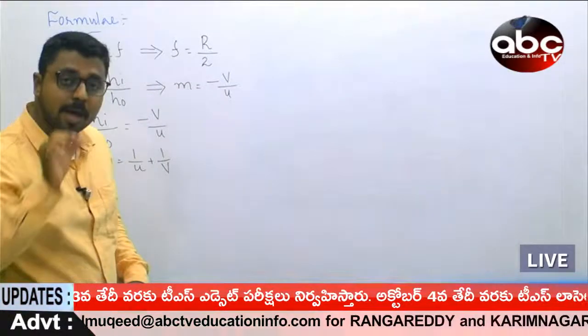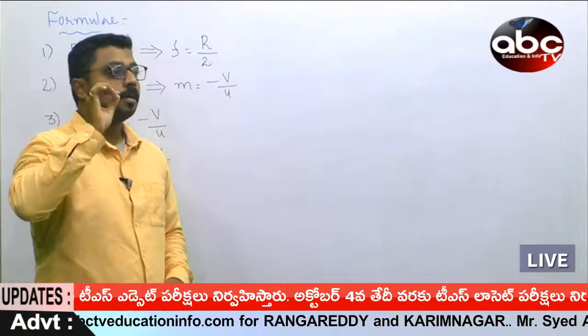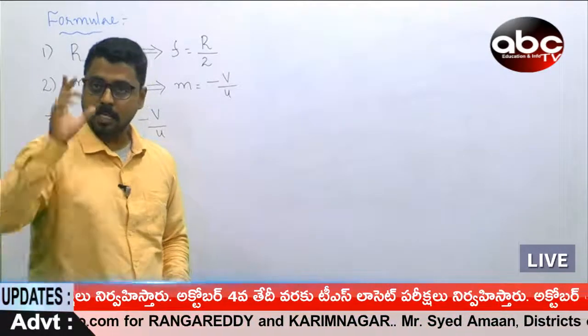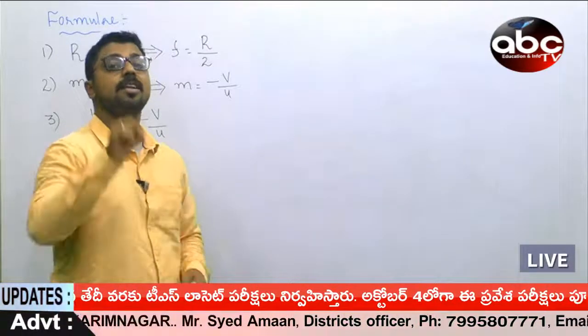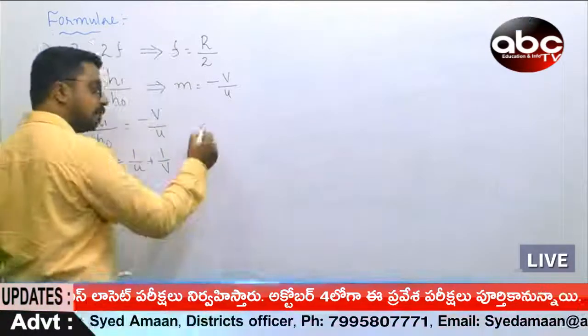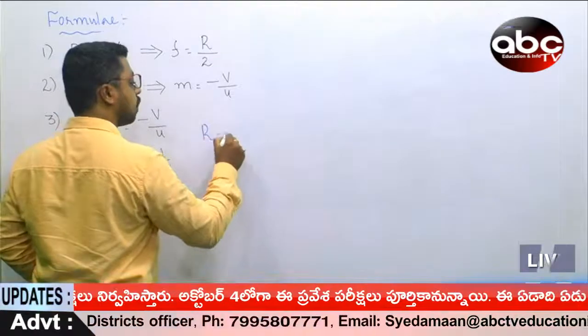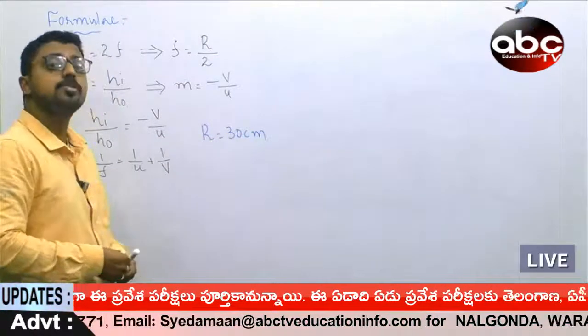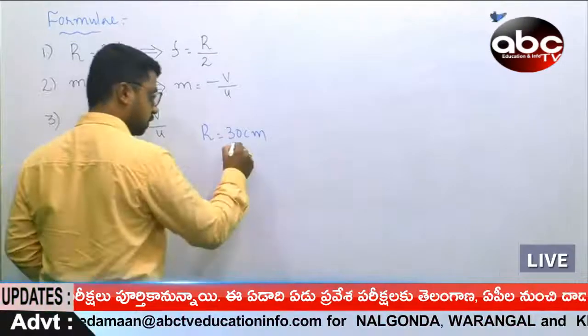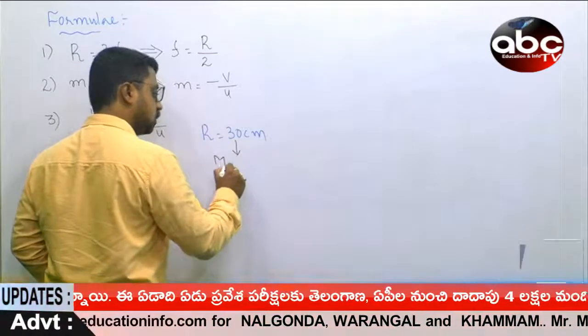And remember one point here, in numericals, certainly you have two parts in the final answer. The first, suppose R is equal to 30 centimeter. This answer contains two parts.